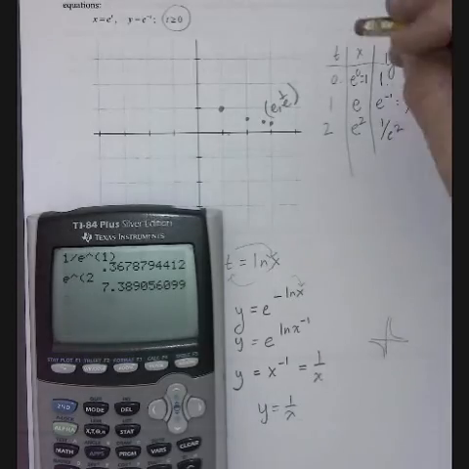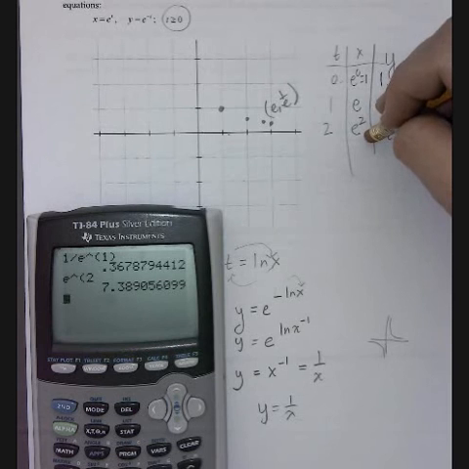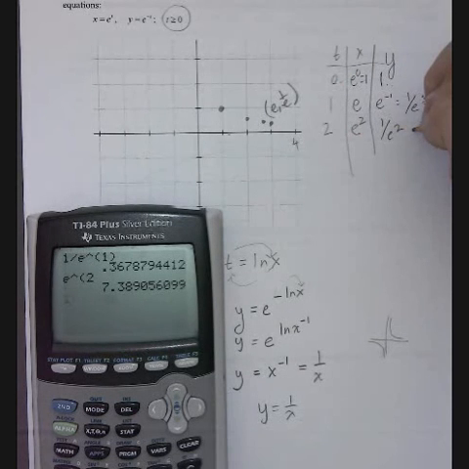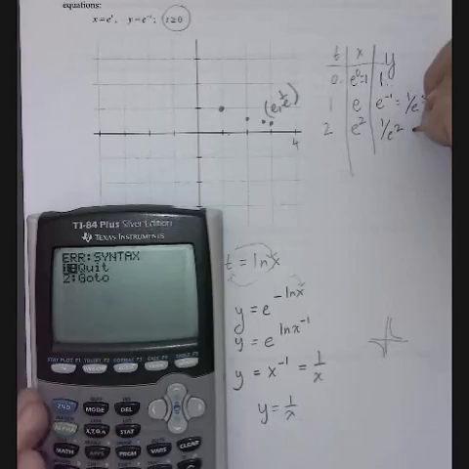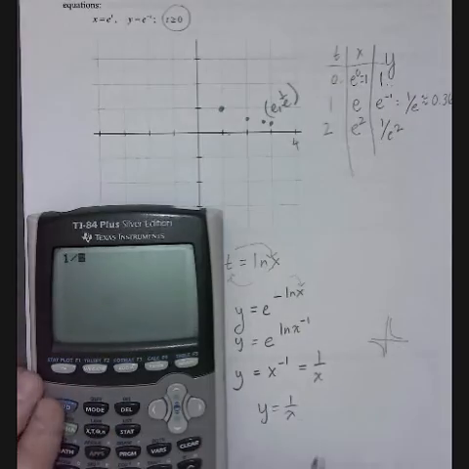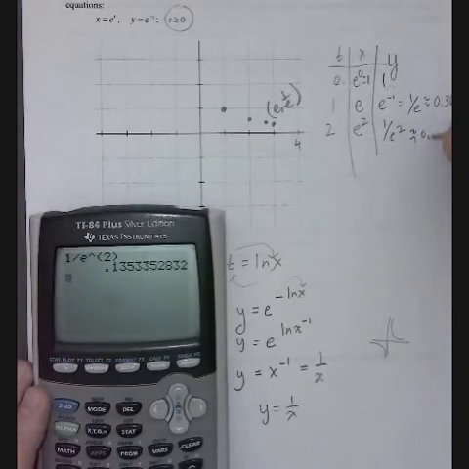That's going to be off my graph quite a ways, isn't it? Because that only goes up to 4. So 7.4 and 1 over e squared, which is about 0.14. That's going to be way over here.